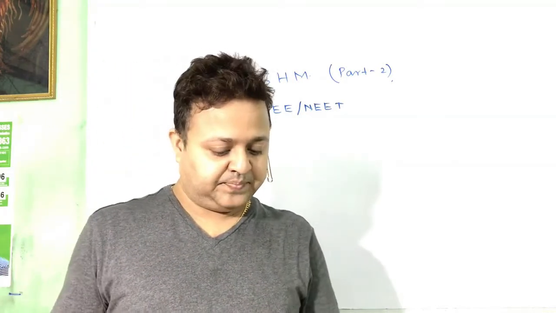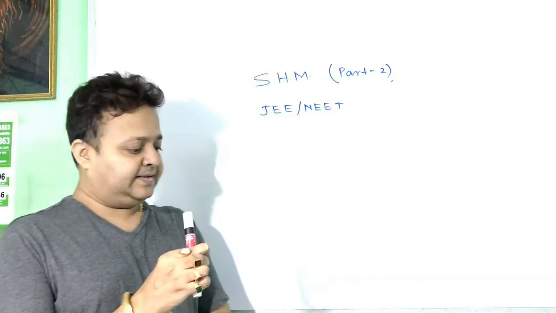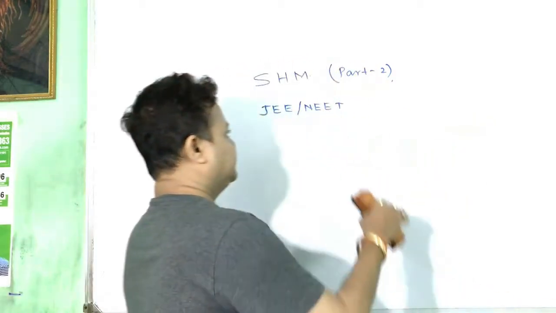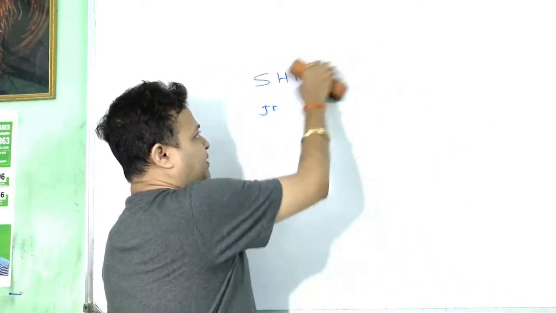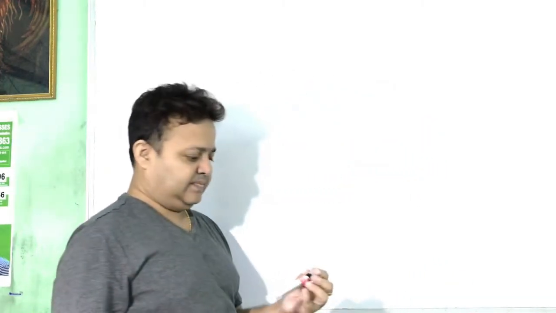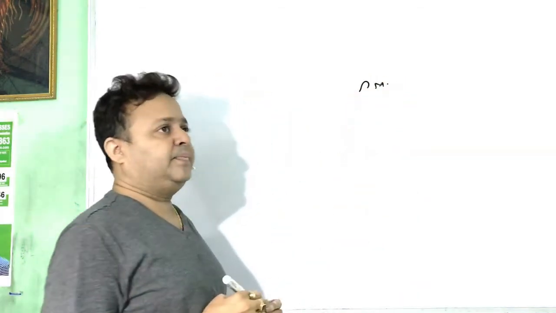Next point দিয়ে লিখবে, a pendulum is hanging from a ceiling, and density of the material of the pendulum bob is rho m.